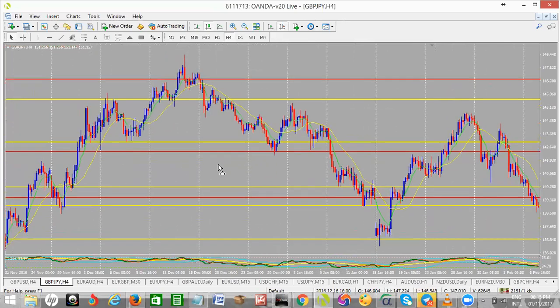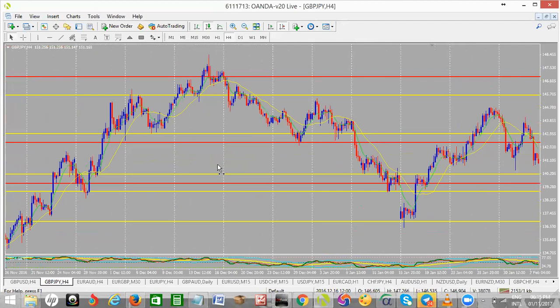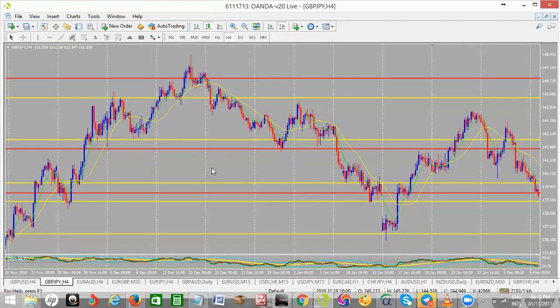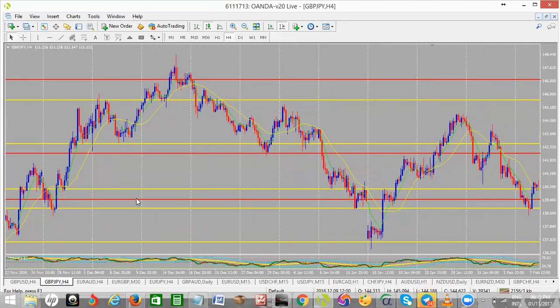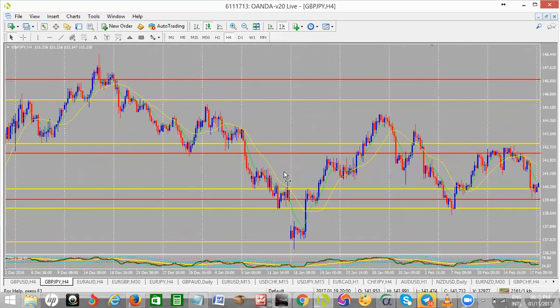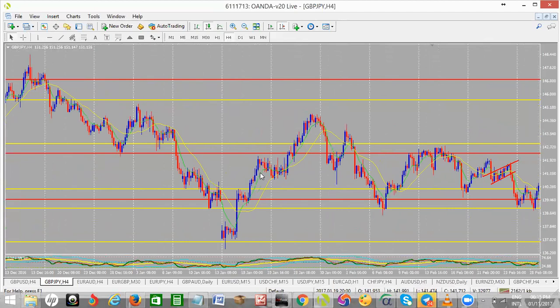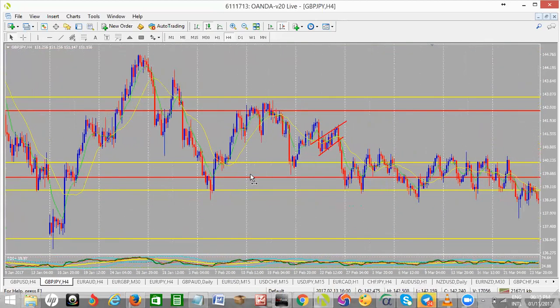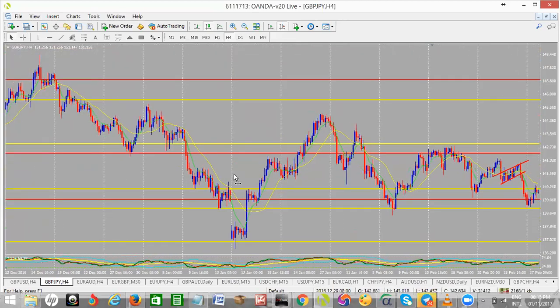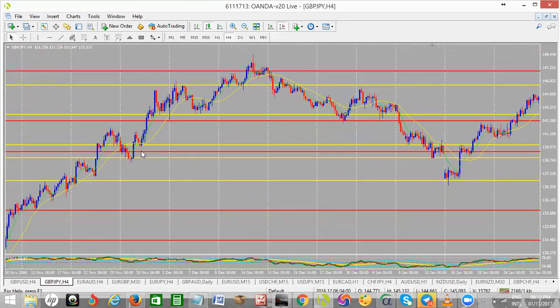You have to have an area where you start to search for rejection. So basically, it's a zone you look for. And if you see rejection at that zone, go for it. Exactly.